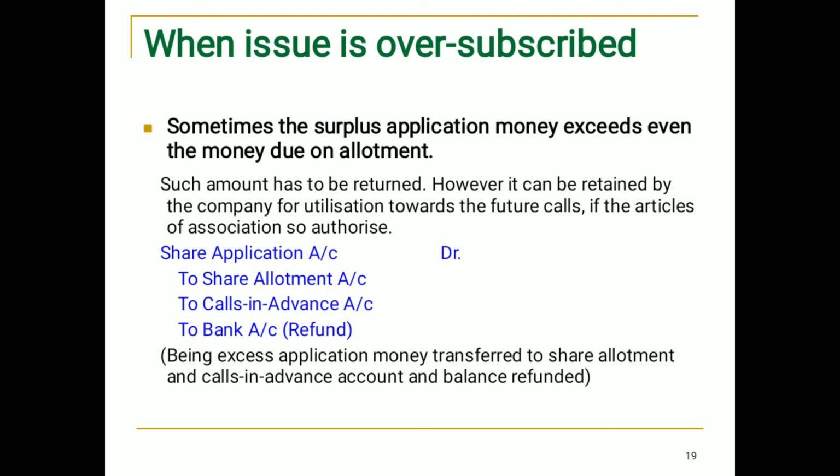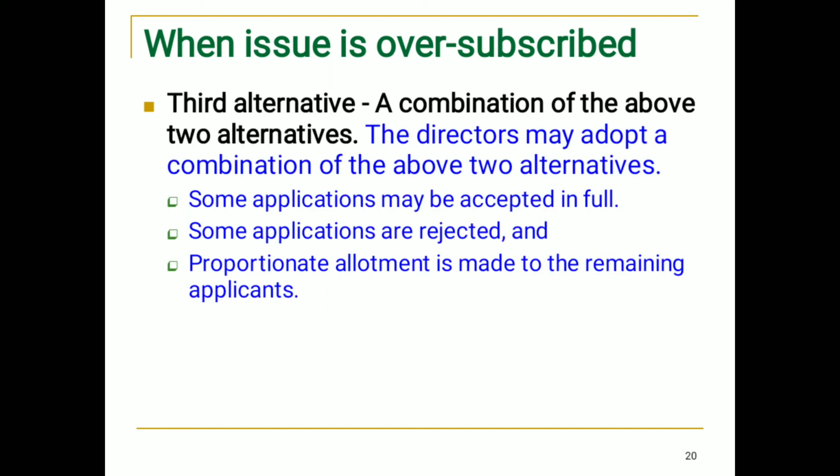Then it is transferred to calls account and is to be considered as calls in advance account. Alright. So this is the journal entry altogether for all the alternatives in the case of oversubscription.